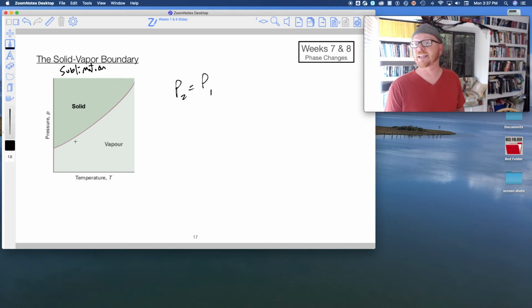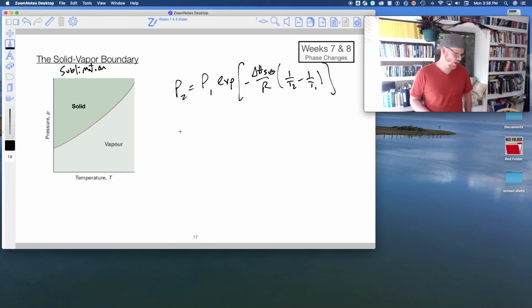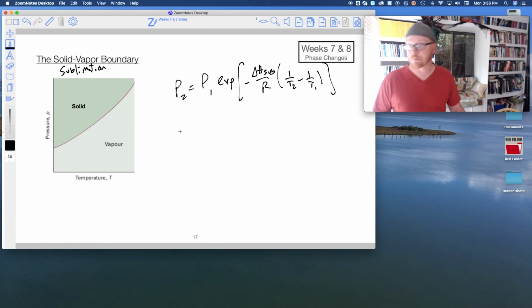Going directly to a vapor from a solid. So it ends up being exactly the same as the previous case, the liquid vapor boundary, except now you replace delta H of vaporization with delta H of sublimation. Okay, and you have the same equation that describes that boundary.